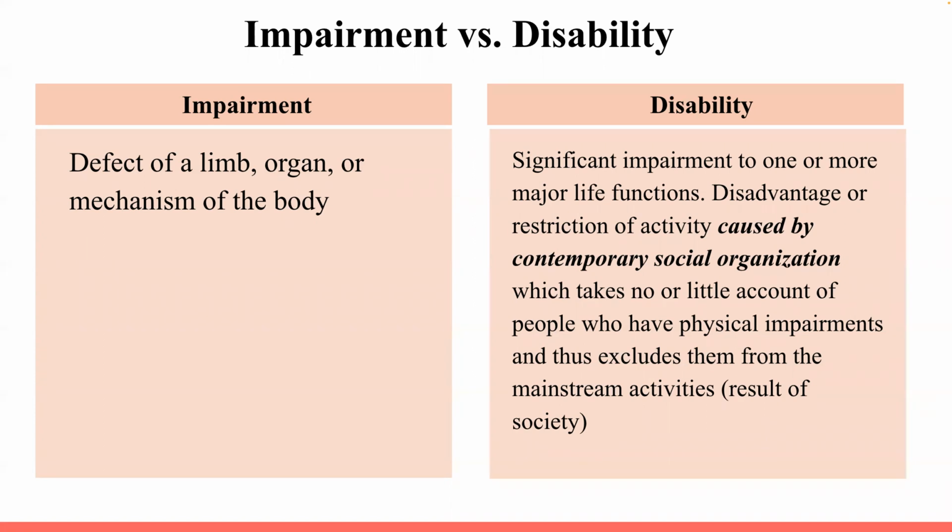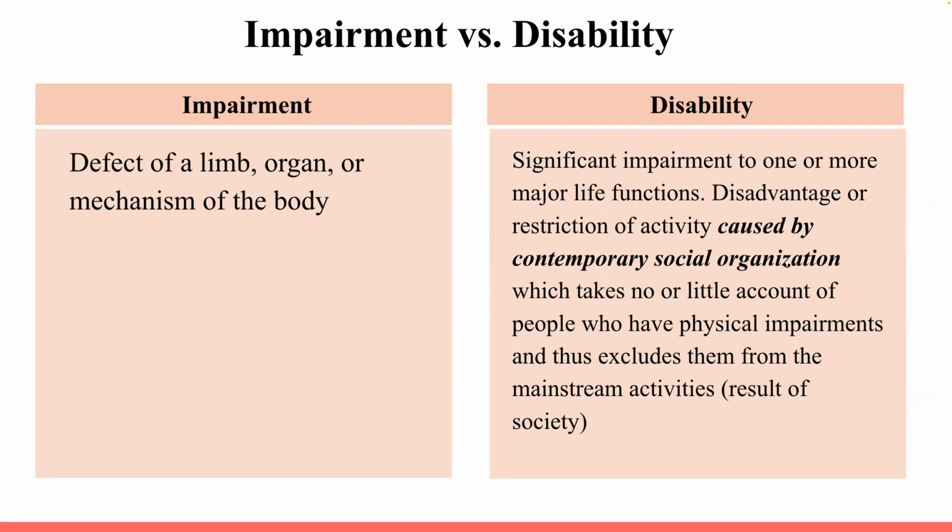So impairments can exist without disability. For an individual who is not able to walk, or not able to enter a building because of their impairment, what are some ways that we can include individuals with impairments without a disability?